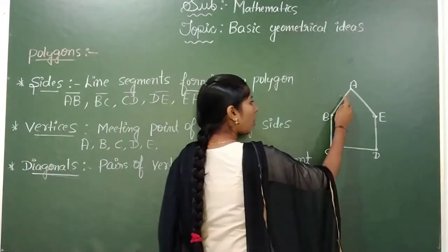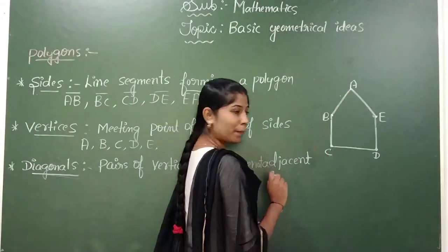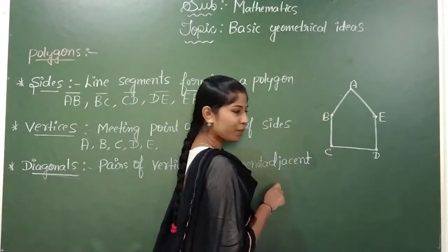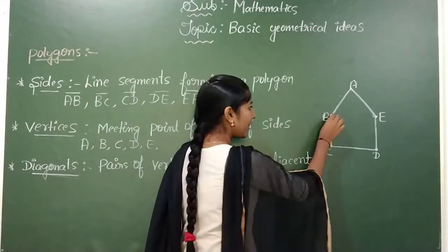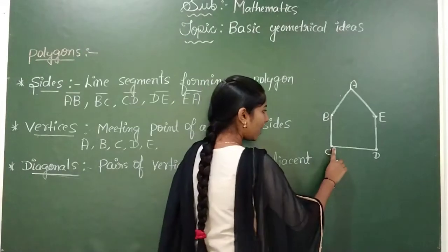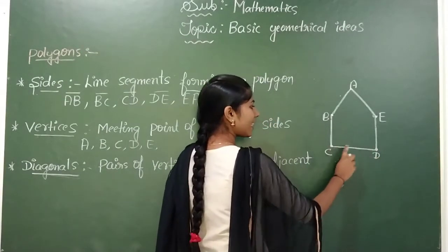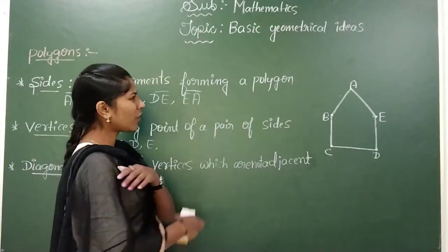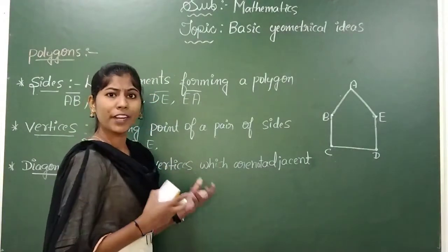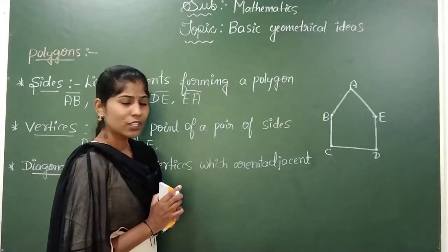So these two can meet by the one side BA, and these two vertices can meet by this line segment, and these two points can meet by this side CD. Which points do not meet together here?